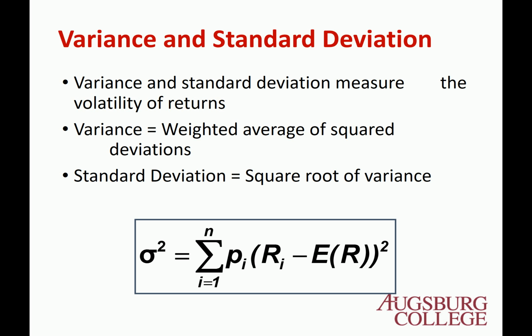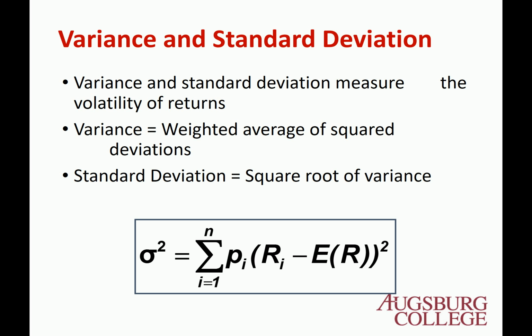Now how to compute the risk. Risk is measured by the variance and standard deviation. As we saw in chapter 10, the variance is the sum of the squared deviations divided by n-1 in historical data, and standard deviation is the square root of the variance.